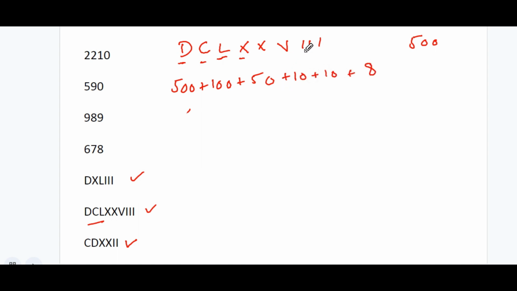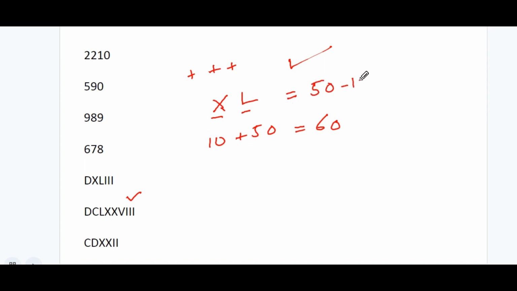V and 3 will give you 8. So you simply need to add all these numbers, that is 600 plus 50 and 20 will give you 70, plus 8. So 600 plus 70 will give you 670, and when you add 8 to this, it is going to give you 678.